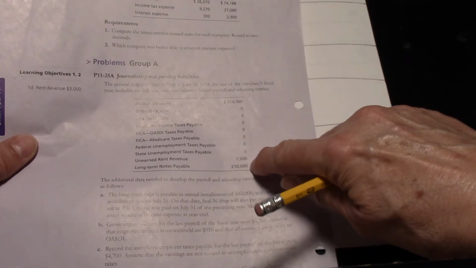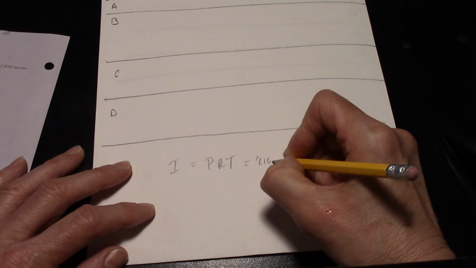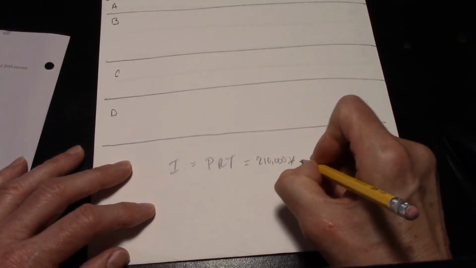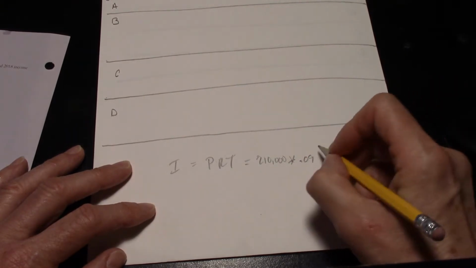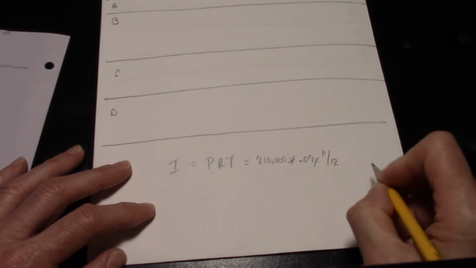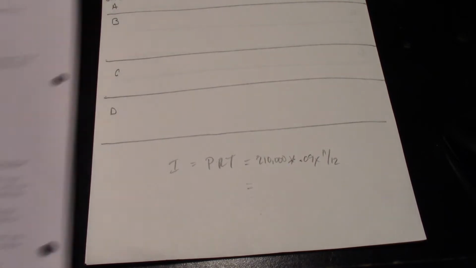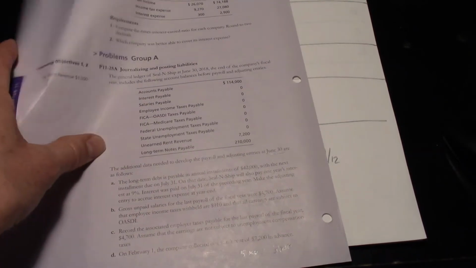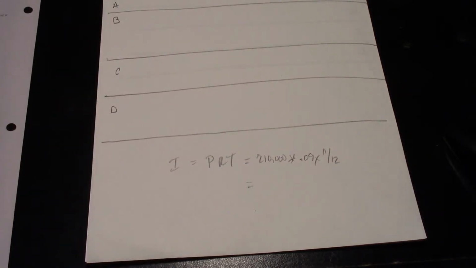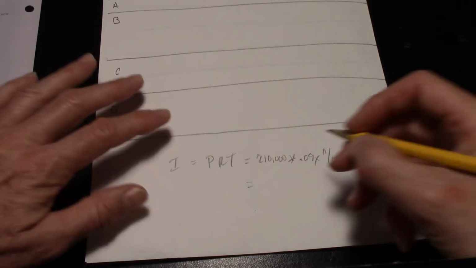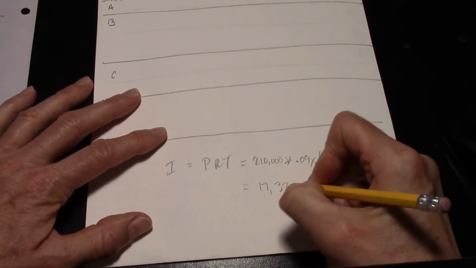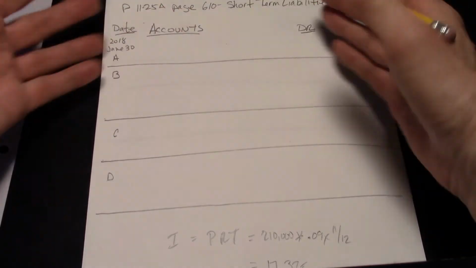I need the balance, so that's 210 times 9%, which I write as 0.09, times 11/12, because from July 31st to June 30th is only 11 months. That's equal to 17,325. So that's an interest accrual.